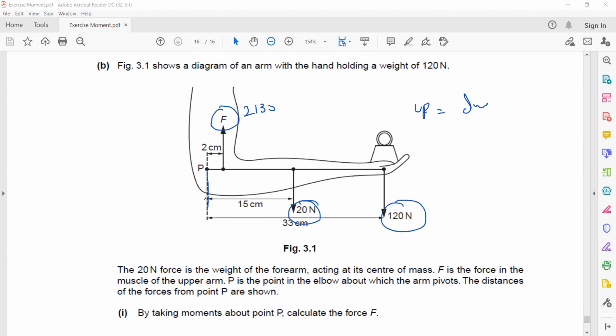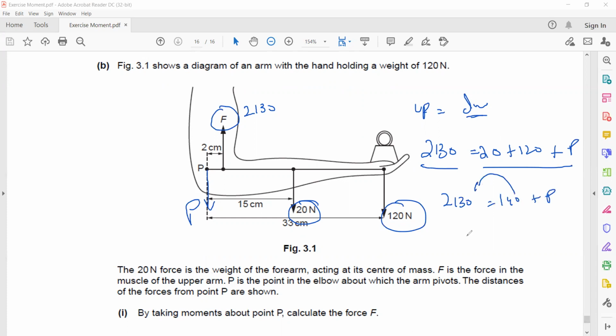So the pivot should also apply a downward force to make it balance. 20 and 120 are in the same direction as P, that's why we are adding them. On the downward side we have 3 forces and on the upward side we have only 1 force. So 2130 equals 140 plus P. 140 moves to the other side, 2130 minus 140, so we get 1990 newtons.